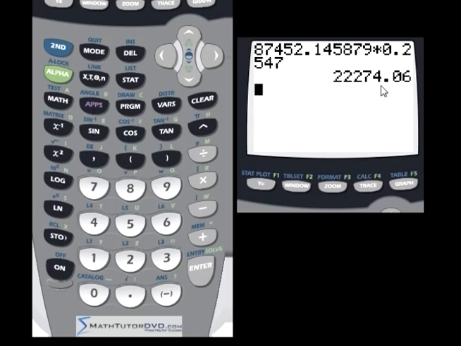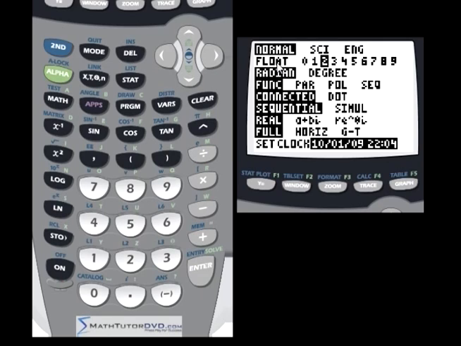We have some numbers out front, obviously, but after the decimal, we only have 2 digits. Only 2 digits. No matter what you put in this thing, you're always going to get 2 digits after the decimal. The reason is that in the mode menu we told it that we did not want floating point numbers, we wanted 2 digits after the decimal.